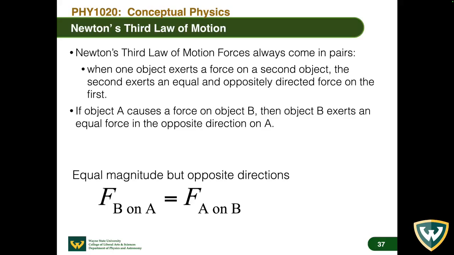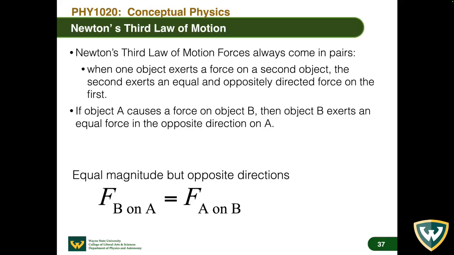It means that if you think of one object exerting a force on a second object, it also means that the second object exerts a force on the first. This force is of equal magnitude, the same size, but in the opposite direction.